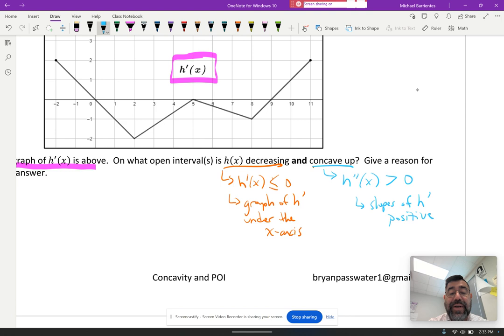Where is the graph of h prime under the x-axis? Because that would be where h prime is negative, and that's where h is decreasing. So far, all of this qualifies. But now I go to the second part. Where is h double prime greater than 0? Where are the slopes of h prime positive? Well, that would be here and here. So therefore, that double shaded part satisfies both of those two conditions.